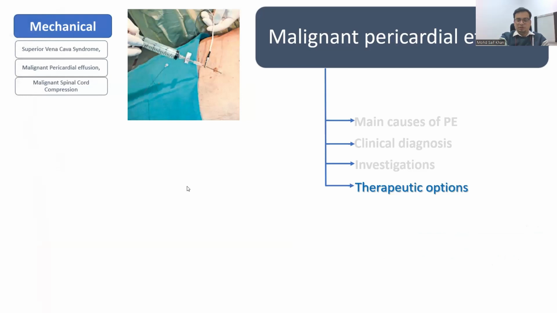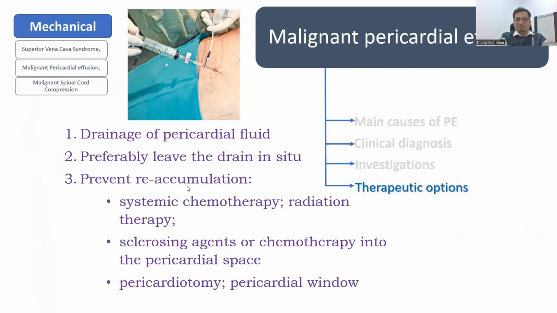So what are the therapeutic options? The first important thing you would like to do is drainage. Drainage of pericardial fluid using subxiphoid access and echo guidance is the immediate priority, and guidelines recommend leaving the drain in situ, because if you remove the drain, the recurrence rate can be as high as 60%. That is reaccumulation, quite possible.